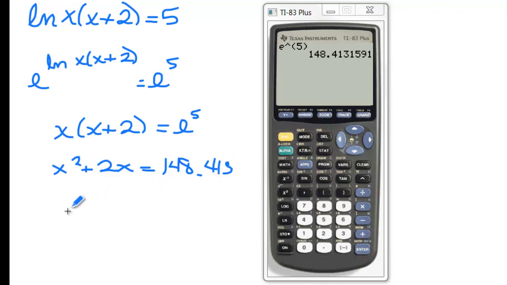So this is a quadratic equation where x squared plus 2x minus 148, and its trailing decimals, is equal to 0.